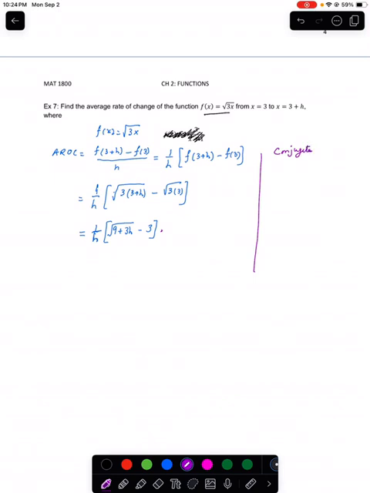Conjugates occur for numbers or values of the form square root of a plus or minus square root of b, or square root of a plus or minus b, which means one of them is the square root and the other is not, or maybe both of them are square roots.